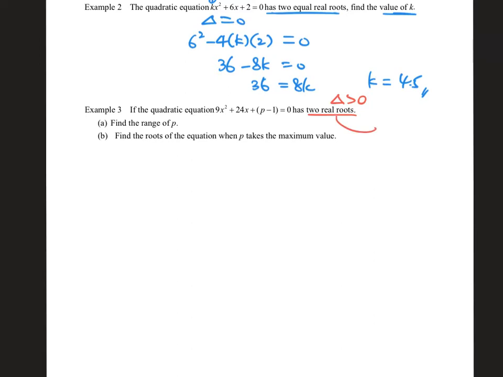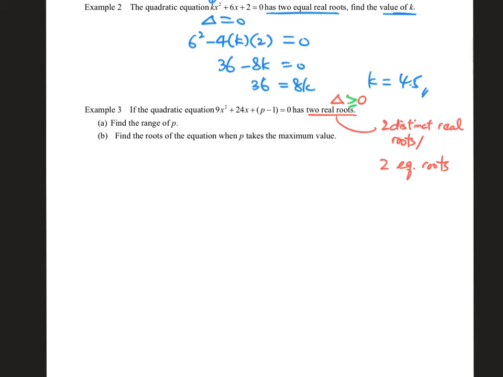But it's a very tricky word, because two real roots, do you mean two distinct real roots, or are you talking about two equal roots? As it's not clear, both conditions may be correct. In this case, we will write delta greater than or equal to 0. So it will be a little bit tricky in this question at first.